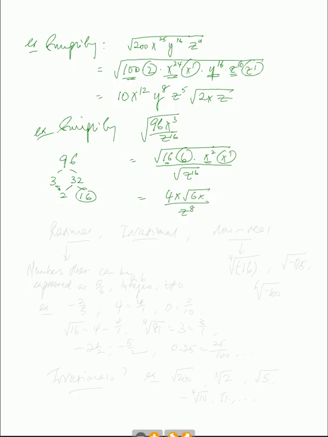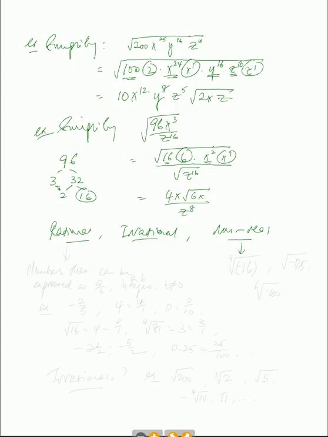Okay, now that you understand how to simplify radicals, let's introduce you to 3 different words. One is rational, one is irrational, and one is non-real. Okay, let's talk about non-real.